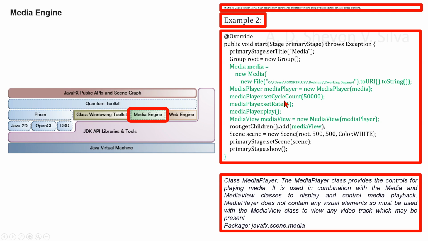Here you can see a set cycle count method. Set the cycle count. Its effect will be constrained to 1 to integer.max value. Invoking this method will have no effect if media duration is duration.indefinite. Here the value is 50,000.